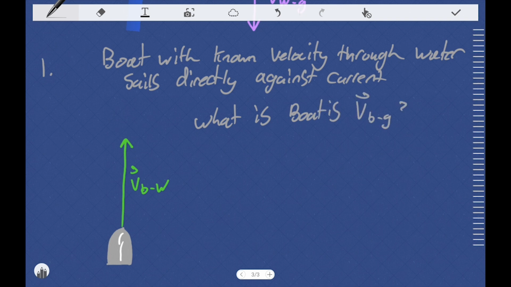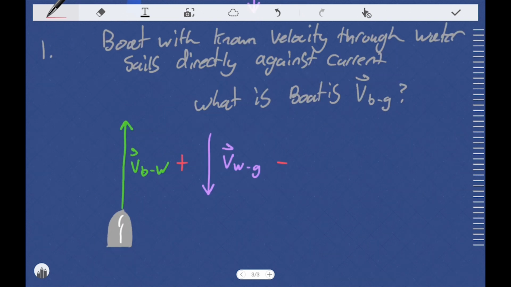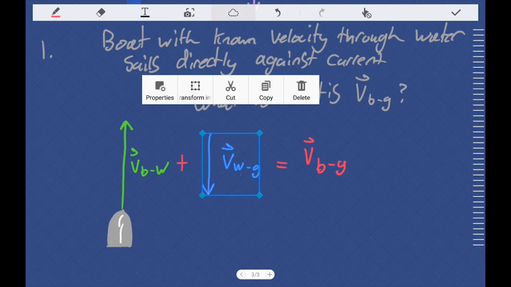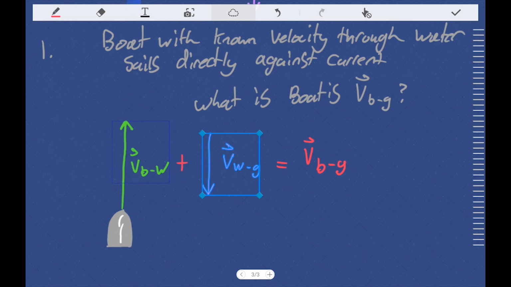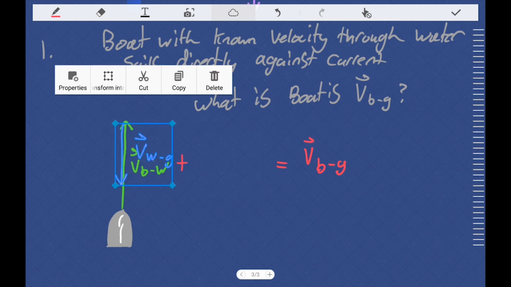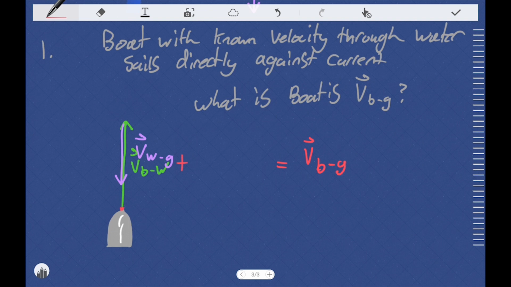We'll draw the boat's velocity with respect to the water in green. We'll add it to the velocity of the water with respect to the ground, which we drew in purple. And we'll connect those vectors tip to tail and draw our new vector from the tail of the first to the tip of the second. And our VBG is this red vector here.